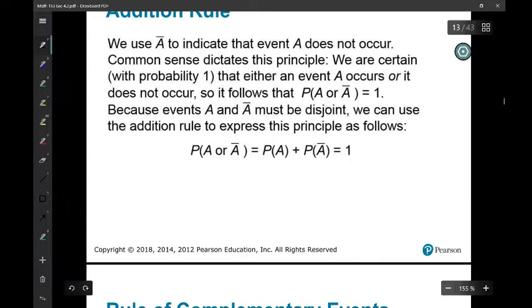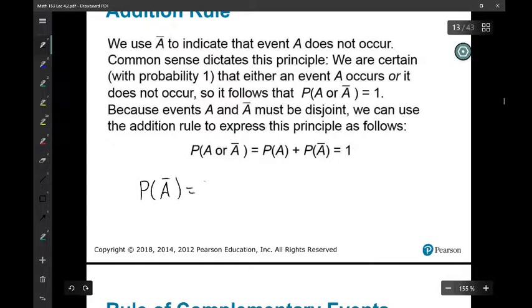The probability of A or A complement, since they're disjoint events, the probability that something either happens or does not happen has to equal 1. And this makes sense from our formula for calculating the probability of the complement of an event.